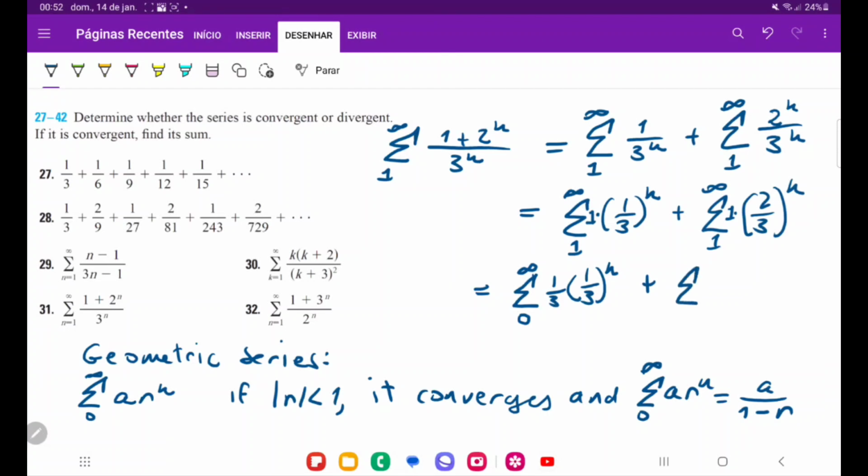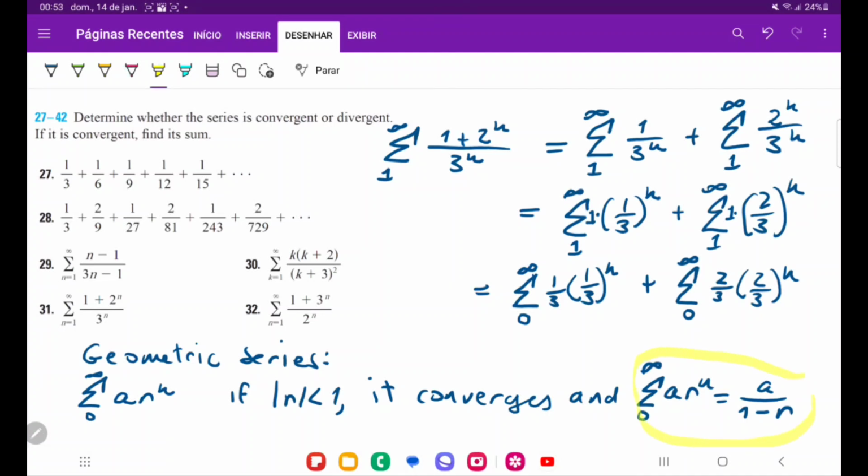Similarly, for the other one, I'm going to index it at 0, and then I'm just going to shift the index up by 1. So (2/3)^(n+1), but now I'm going to decompose this into (2/3)^n times (2/3) to the power of 1. So that's going to be 2/3 times (2/3)^n.